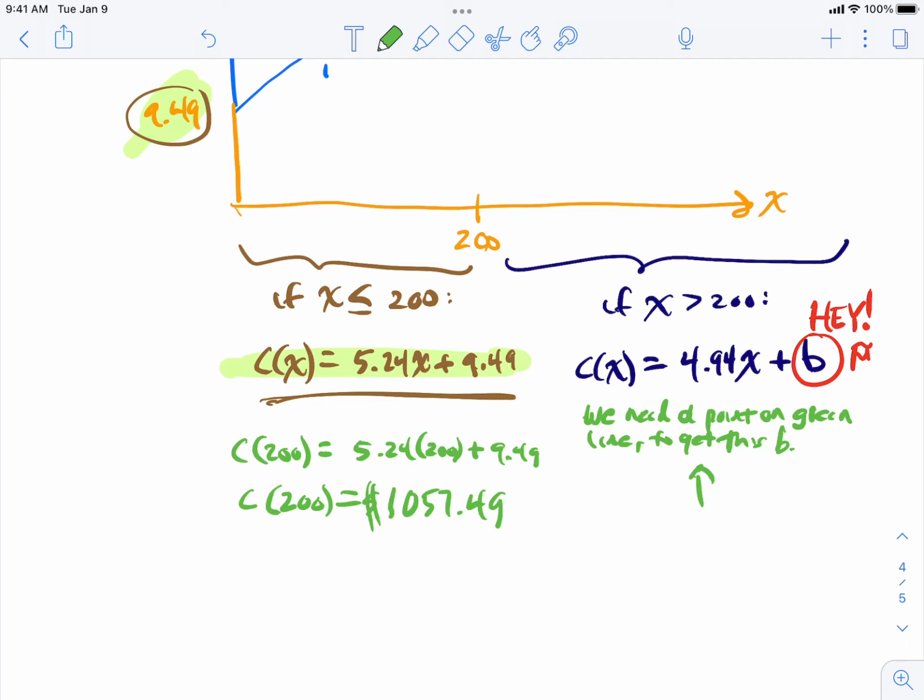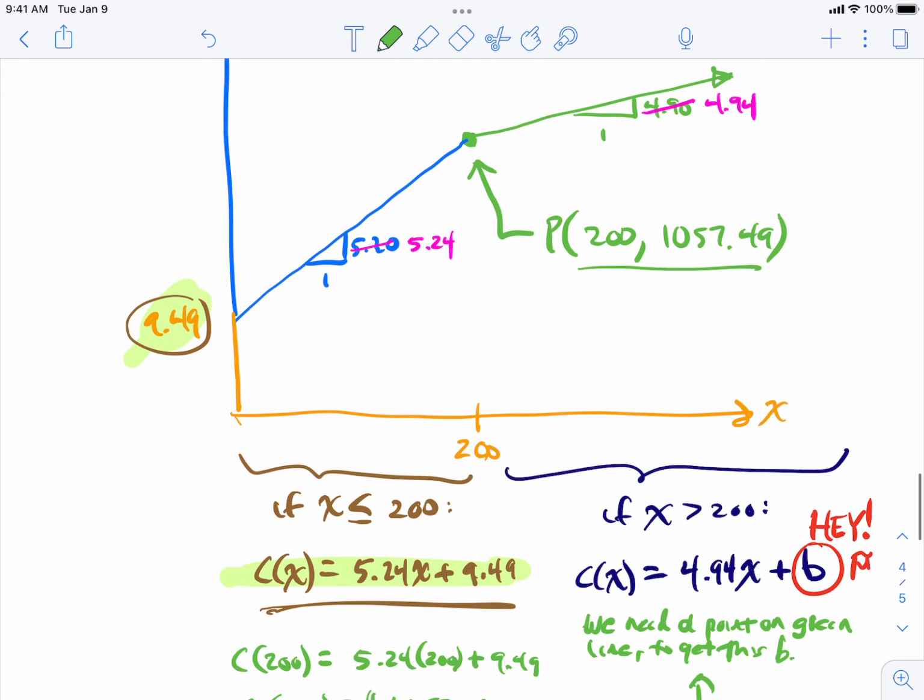So when I plug in 200 gallons plus B, I'm supposed to get the 1057.49. Right, it's supposed to go through that point. Cool.